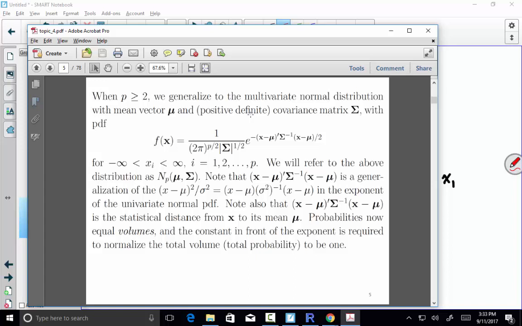The reason we need it to be positive definite is because probabilities can't be negative. So I need this expression here to be well behaved. This is a quadratic form. It's a vector times a matrix times a vector. A quadratic form, or a distance. So sigma needs to be well behaved, positive definite.